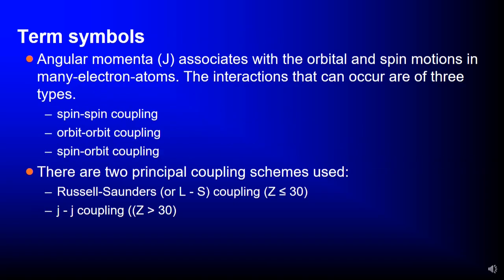So more explanation: angular momenta associate with the orbital and spin motions in many electron atoms. The interaction can occur in three types. There is the spin-spin coupling, there is orbit-orbit coupling, then there is spin-orbit coupling. There are two principal coupling schemes used. We have the Russell-Saunders coupling and we have the jj coupling.